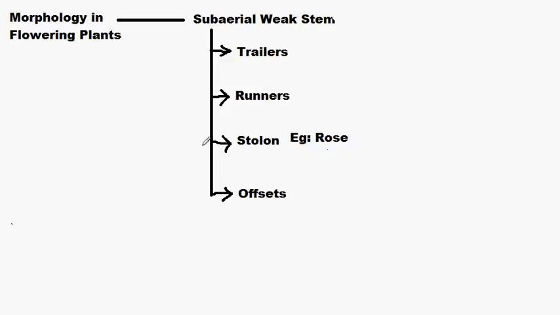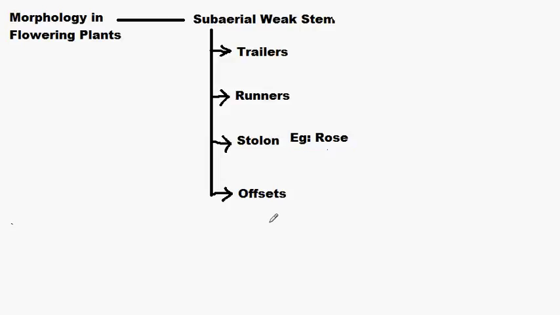Let us see. These offsets are generally seen in the hydrophytes, means the plants which grow on the water surface, but sometimes, very rarely, it is seen in terrestrial plants also. One example where these offsets are seen in terrestrial plants is Agave americana.